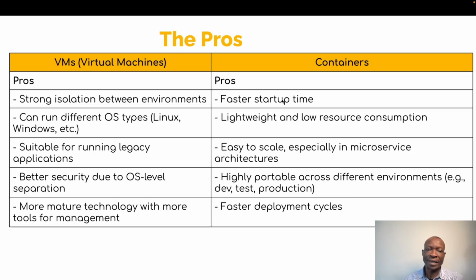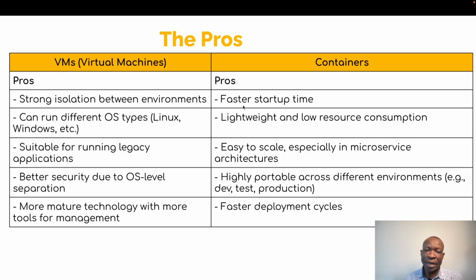So go through them at your own pace, and if you want to look at the pros and cons, they are basically the things I've just highlighted as well. Virtual machines have strong isolation, which means good security, and you can run different operating systems on your environment. For example, one VM can be running Linux, the other VM can be running Windows, and you typically use this for running legacy applications that we call monoliths.